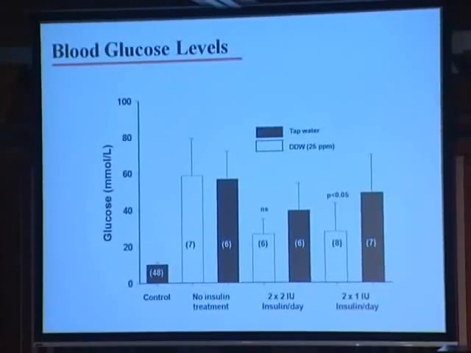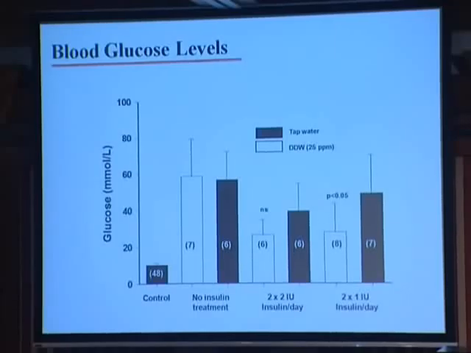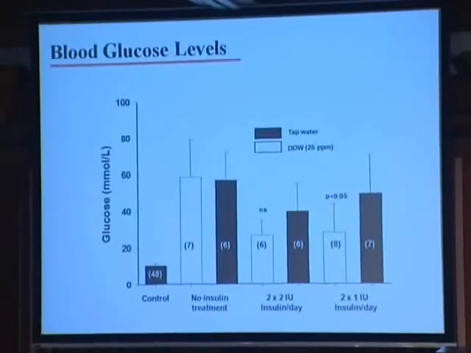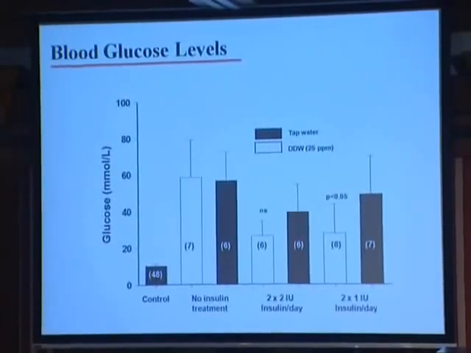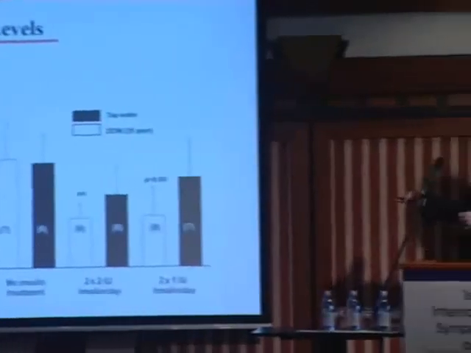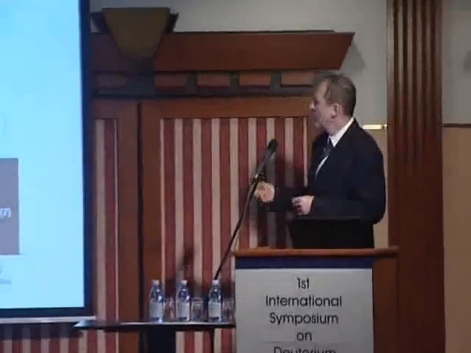As you see here, there's no effect. By itself, if you influence the deuterium content of the water, there's no effect on the sugar level. However, when we started to add insulin, inducing glucose metabolism in the body, this depletion of the deuterium somehow potentiated the glucose uptake. So these animals had lower glucose levels, whoever received insulin.